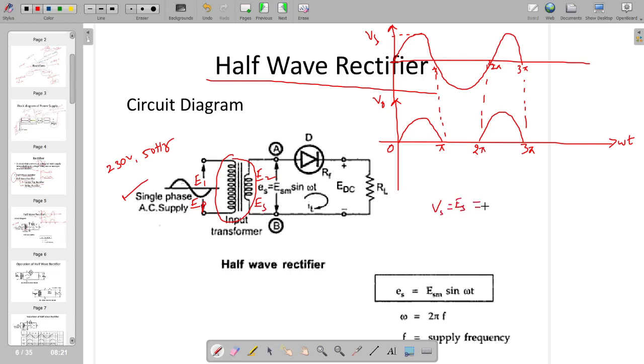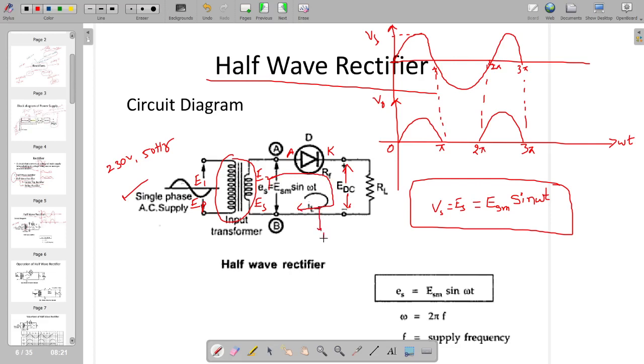The secondary voltage of the transformer, of maximum magnitude, changes with respect to sine omega t. This is the anode of the diode, this is the cathode of the diode, and the resistor is to observe the load voltage or load current. The voltage across the load resistance is E DC, and the current flowing through the load is treated as IL.